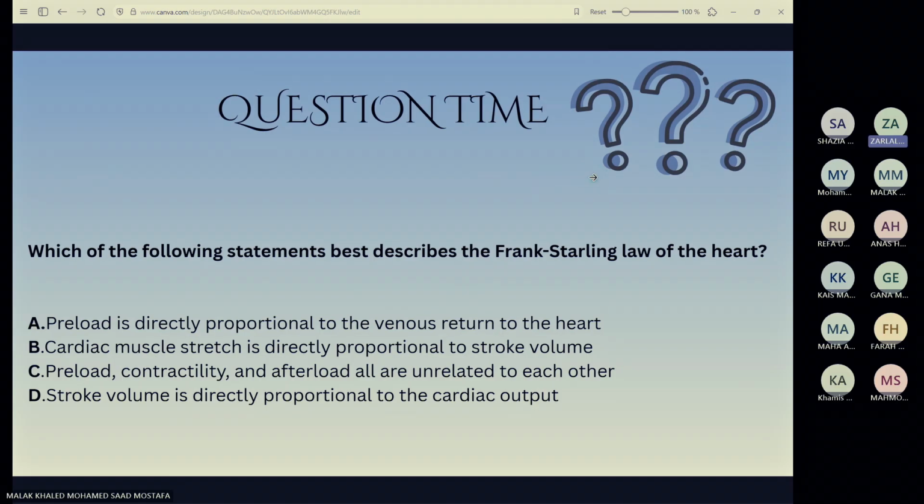Okay, we have a question. Which of the following statements best describes the Frank-Starling law of the heart? Does anyone know this? Any other answers?